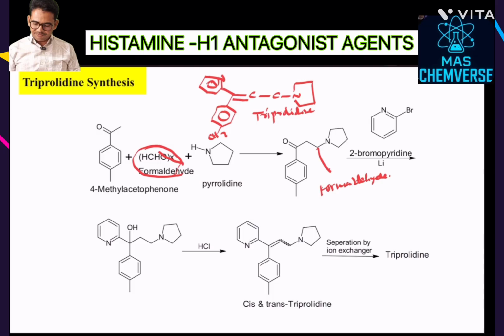This carbon is coming from the formaldehyde. Then it is attached to the pyrrolidine already, because of this hydrogen.